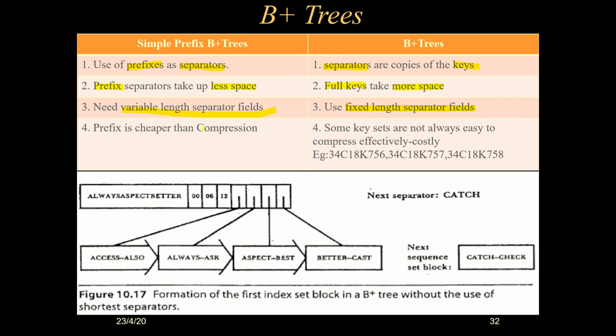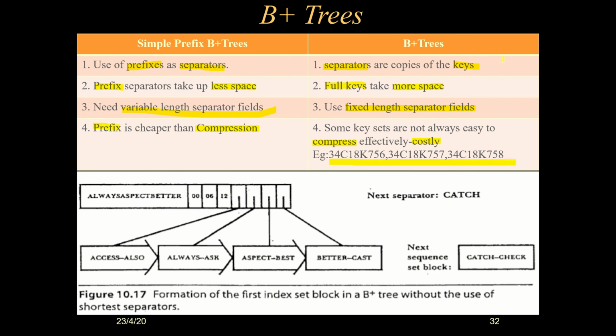In simple prefix B plus trees, there is no need of compression because they are using prefixes. And in the case of B plus trees, we end up requiring compression techniques, because of examples like this one where we need compression. When we compare the cost of including every compression technique, it is much more expensive. So we can tell here, instead of using a compression technique, the prefix technique is much cheaper.